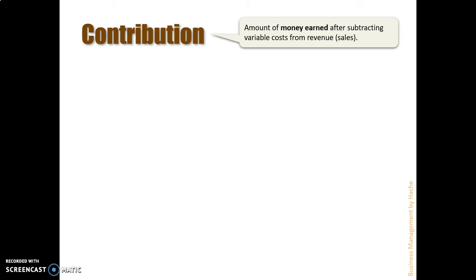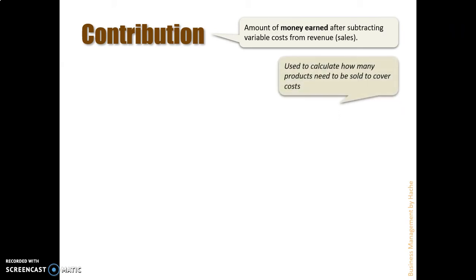So you get your sales, you subtract how much money you spent to make those products possible, the variable costs, the ones that change according to the number of products, and then you get the contribution. This value is important for the break-even analysis. It is used to calculate how many products need to be sold to cover the costs.